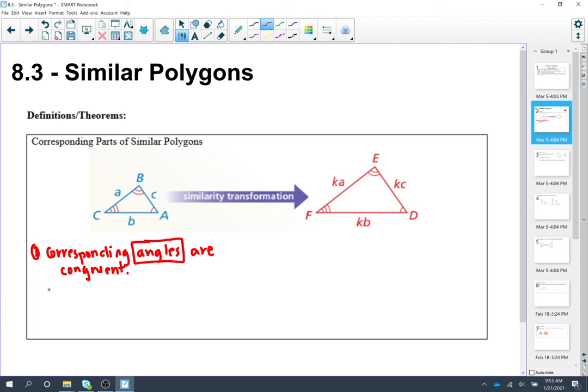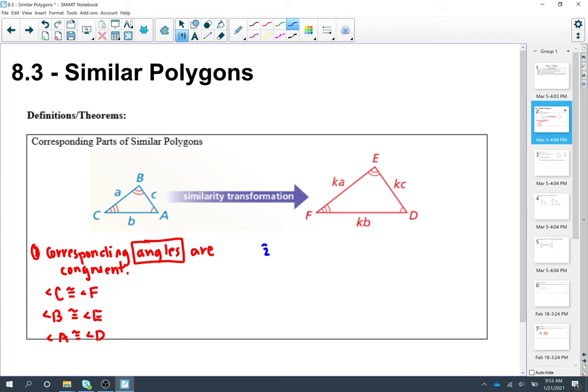So I could say that angle C is congruent, or the same exact measure, to angle F. We can say angle B is congruent to angle E, and we can say that angle A is congruent to angle D. So they have the same exact measures.